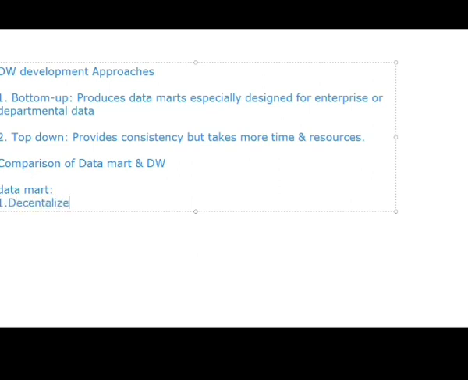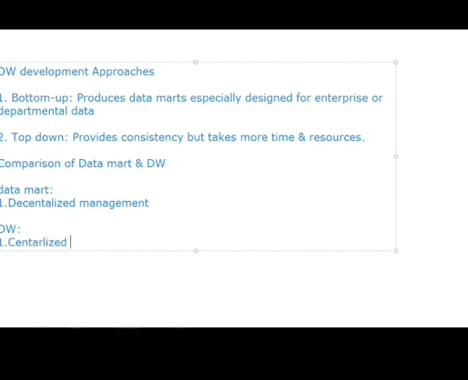The first difference is that a data mart has decentralized management, whereas a data warehouse has centralized management. That means a data warehouse has a system that controls and coordinates its activities centrally, whereas a data mart has decentralized management, that is, it is distributed.